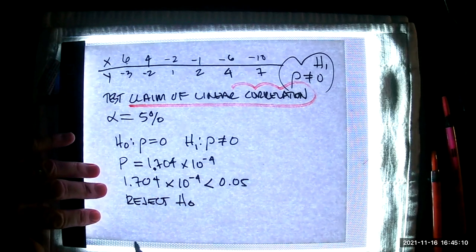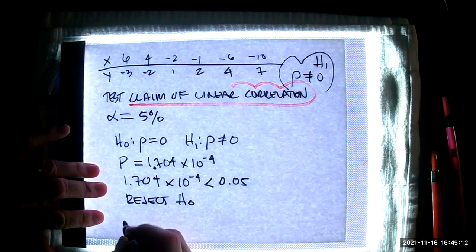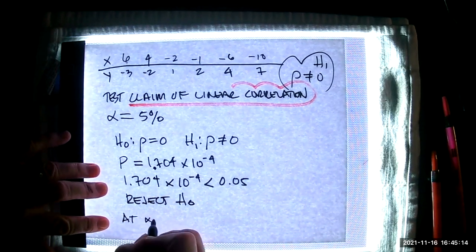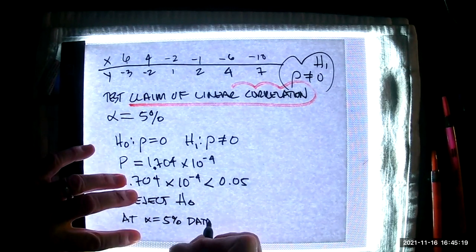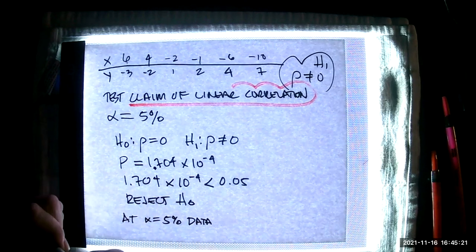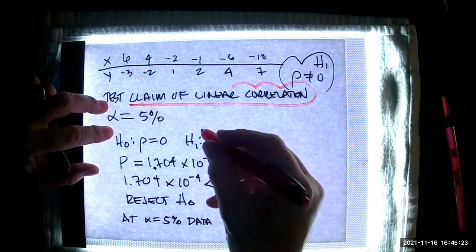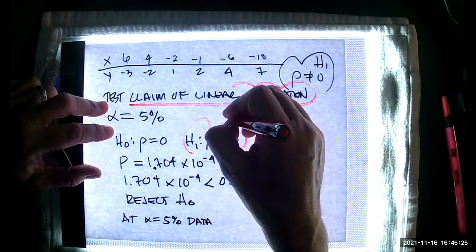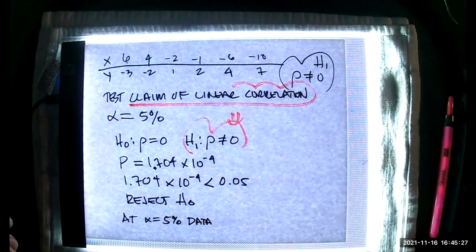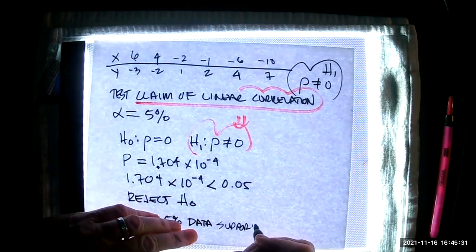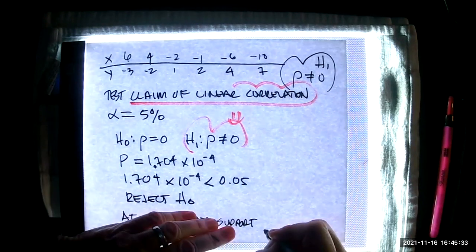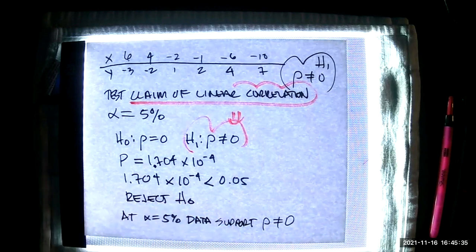And we can then go ahead and say at alpha equals 5%, the data support, and by the way, if it wasn't clear, my initial claim was this guy right here, rho not equal to 0.